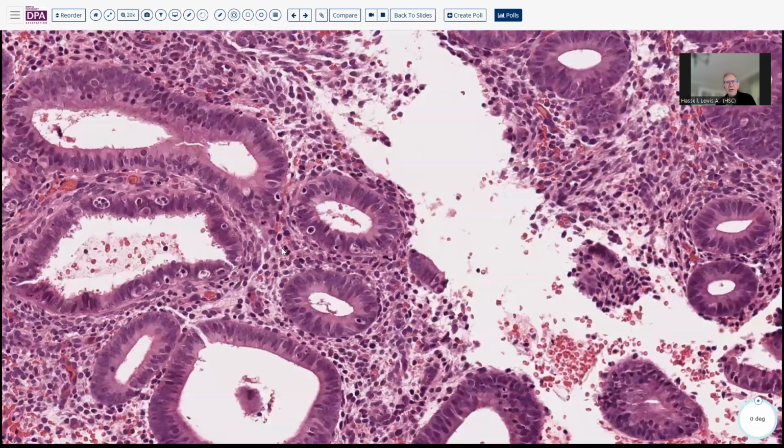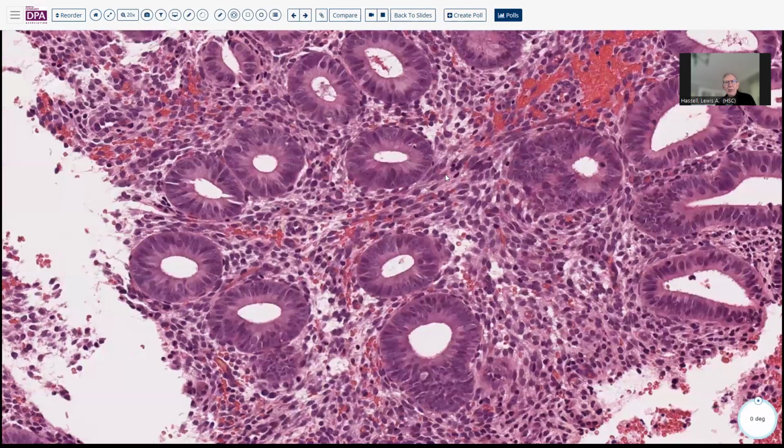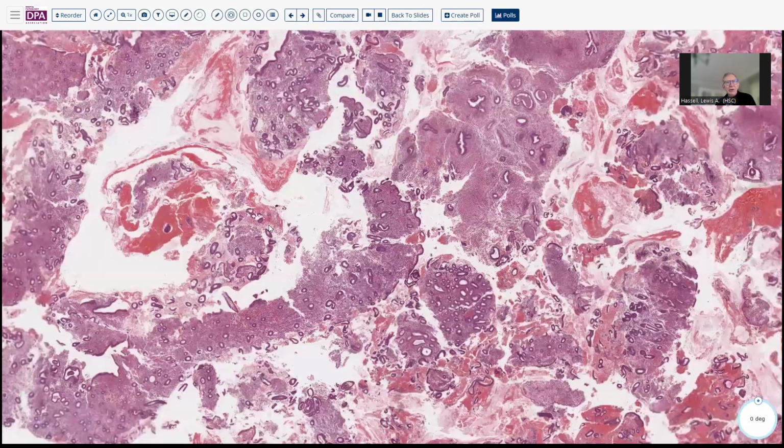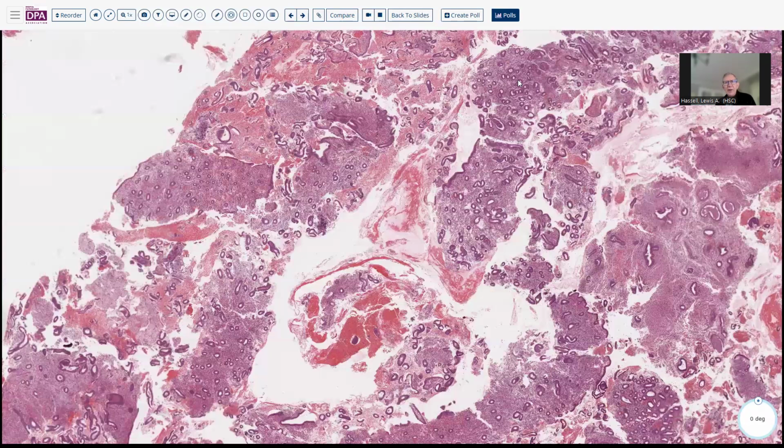And as we look at these nuclei and the glands themselves, you can see there's a little bit more hyperchromasia when you compare it to some of the more normal tissue around. Let's look a little further and see if we can find a more fully developed area.